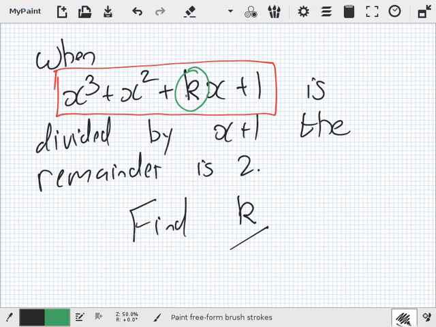I'll give you a second to double check. When I divide by x plus 1, the remainder is 2. That's enough information to find the k. Now, before you tell me, Dennis, Anthony, any ideas on what we could do here to try and find the k?